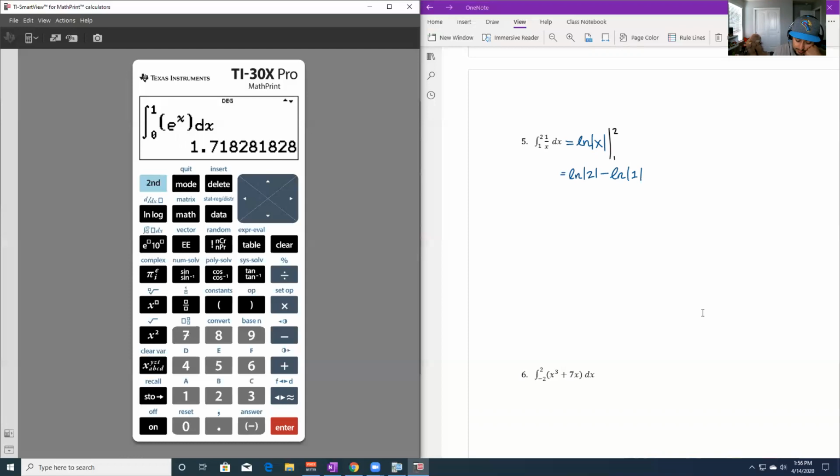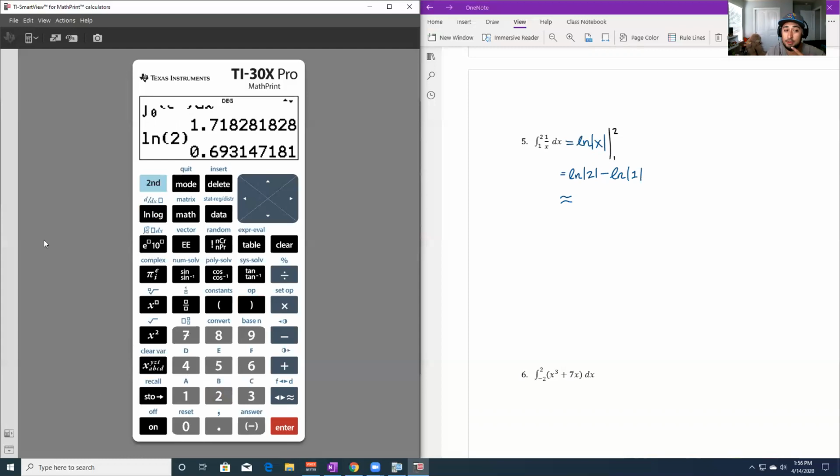Let's go ahead and type those in our calculator. I'm going to say natural log of 2. Don't worry about the absolute values. Just put natural log of 2. And to 3 decimal places, I get 0.693.